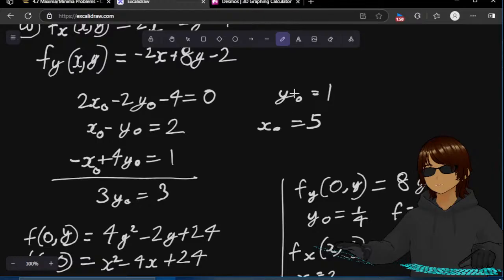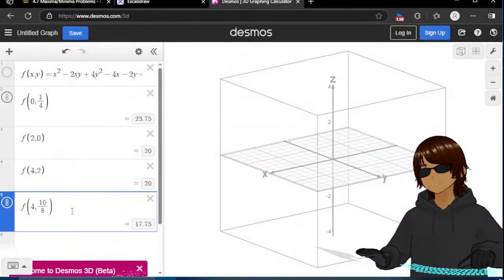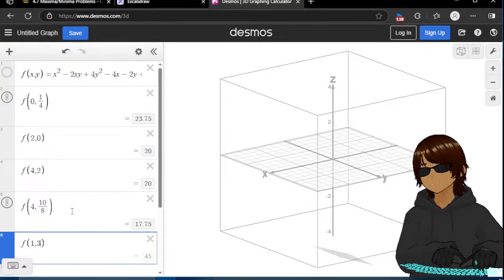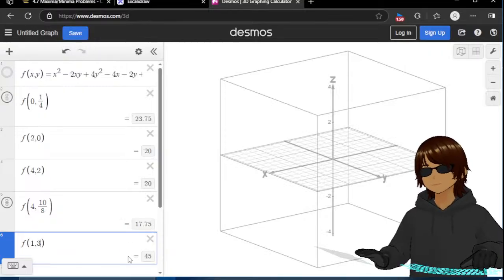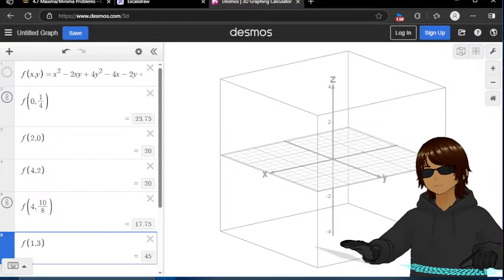What they're saying is, we have one. Oh, x naught is 3. I made a mistake here. So now if I plug in 1 and 3, this is the highest point. This is the maxima.